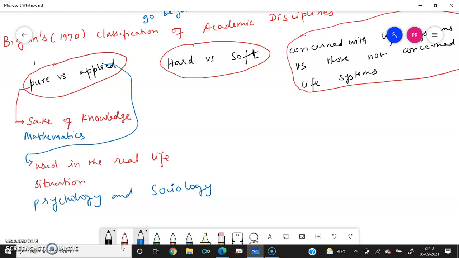Now we go to hard versus soft. So first we go to the hard. Some disciplines like physics, engineering, computing, chemistry use quantitative data, which tends to be predictive, and use experimental methods.